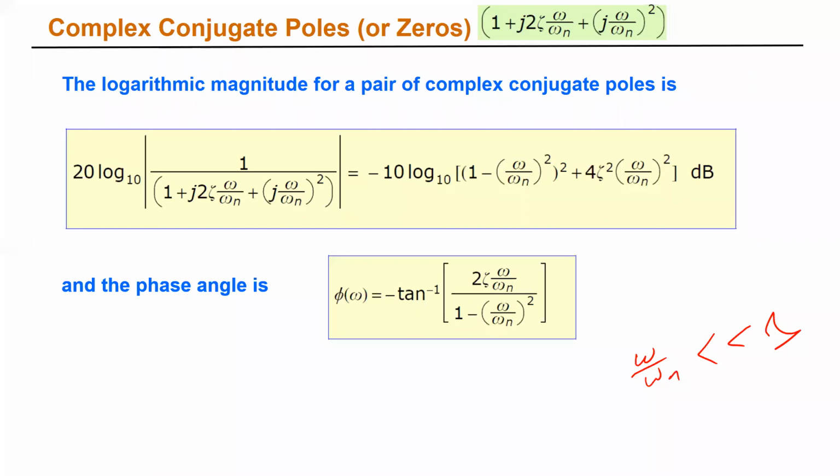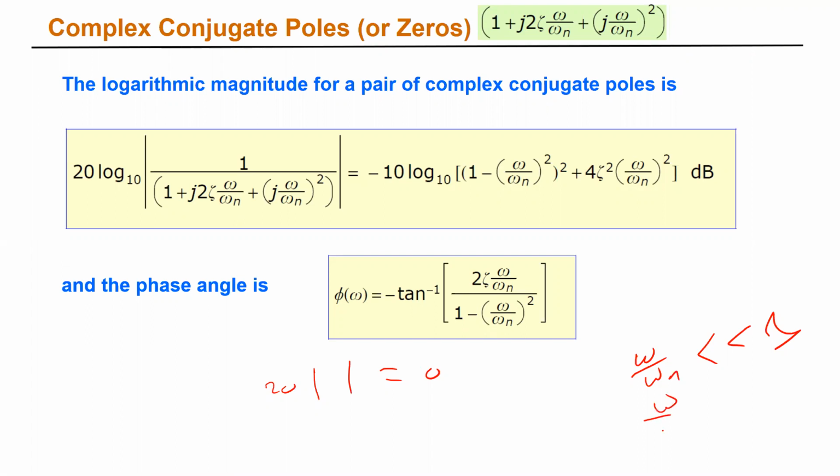It is approximately 0, so I will ignore it. So I have 1. And since this term is multiplied by zeta, and zeta is usually a very small number, it is even smaller. So the overall thing will be 20 log magnitude equal to 0 if omega over omega n is much smaller than 1.